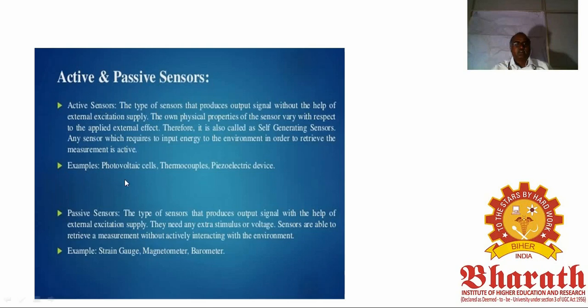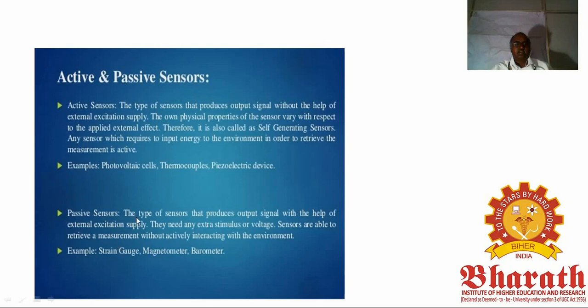The examples are photovoltaic cells, thermocouples, and piezoelectric devices. The other classification is passive sensors.